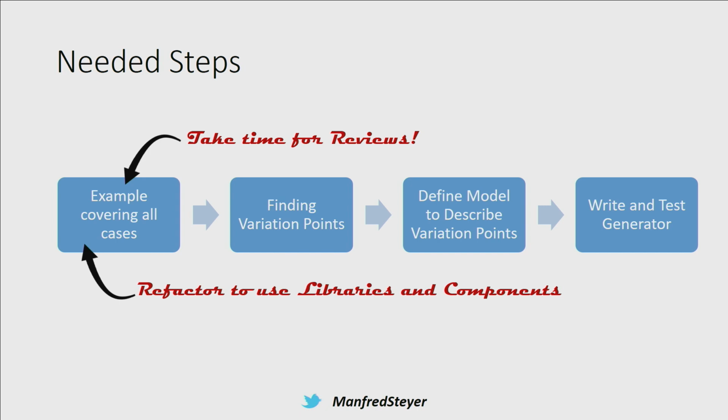And in addition to that, it is also a good idea to embrace libraries and components. Make sure that your example is as tiny as possible. Make sure that you are generating as little code as possible, because every line of code, even every generated line of code, needs some amount of maintenance, and it is increasing the complexity of your project.